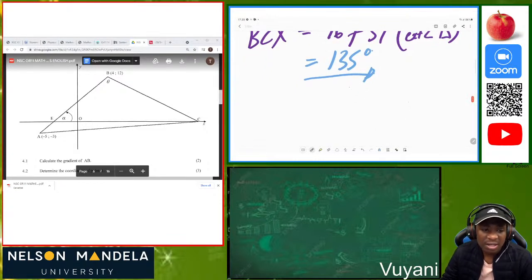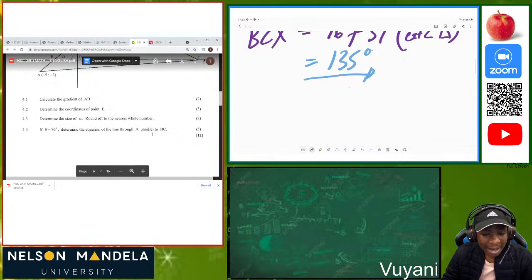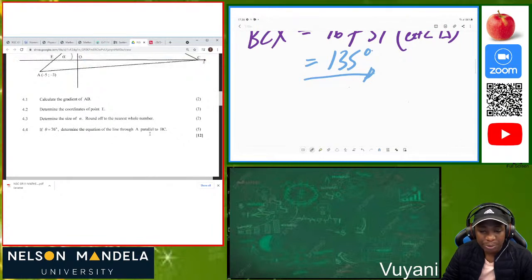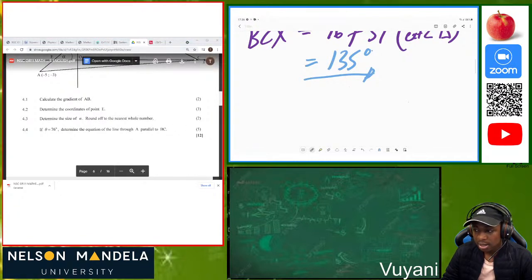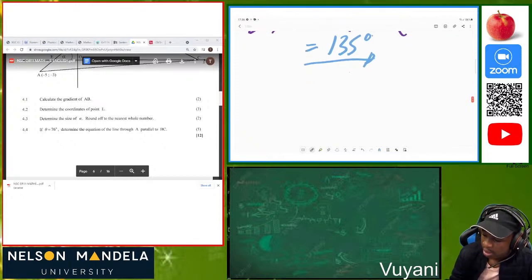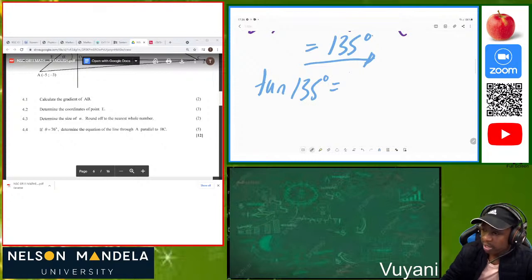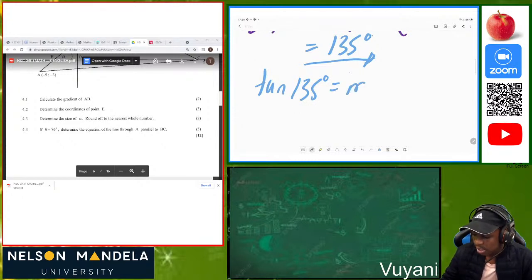Why are we calculating that angle? We are calculating that angle so that we can determine the equation of that line through A. Let's now determine its gradient. We know that tan of 135, you use your calculator, is equal to the gradient of BC.